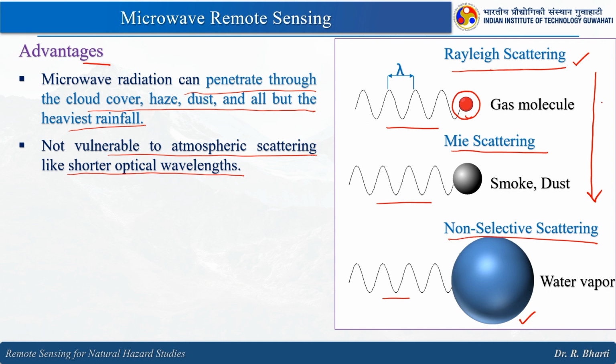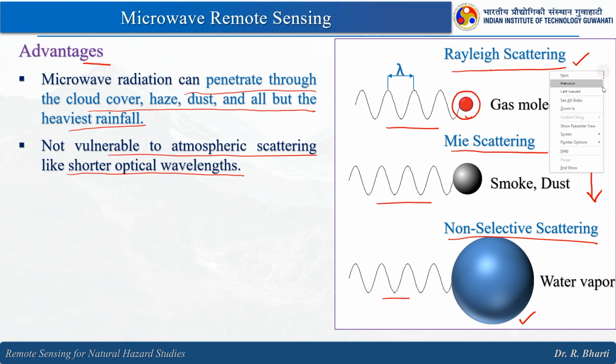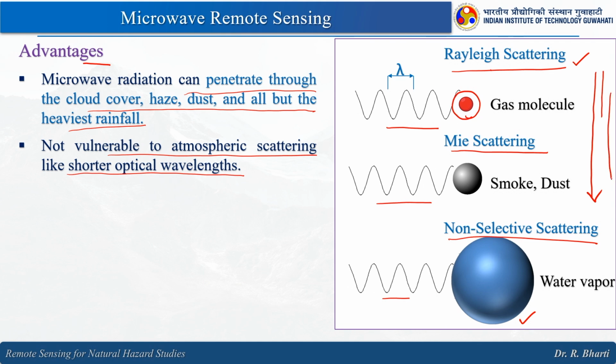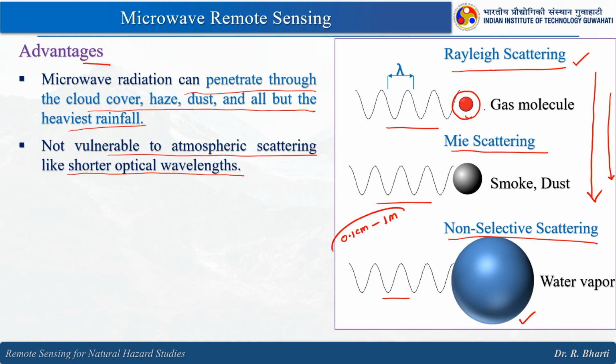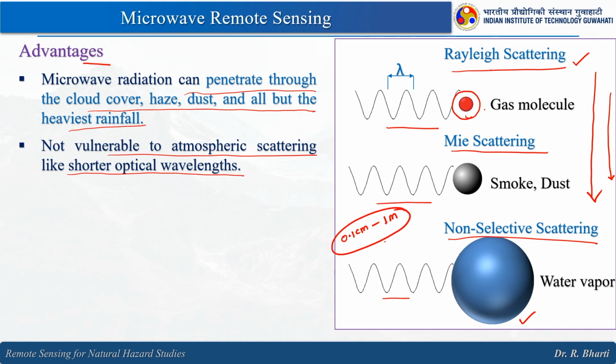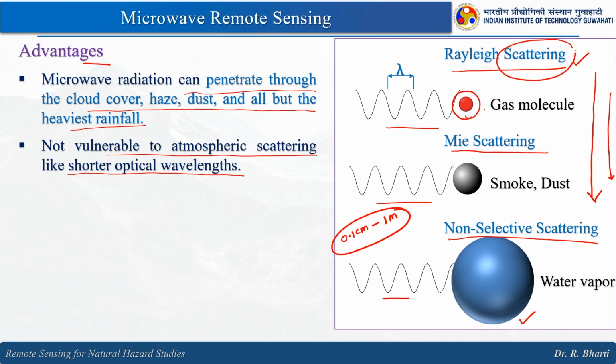That I explained you already, that since we are talking about the size of the scatterer, which is equal to or less than or greater than the wavelength, this microwave remote sensing 0.1 centimeter to 1 meter, that will not have much problem because of this scattering.